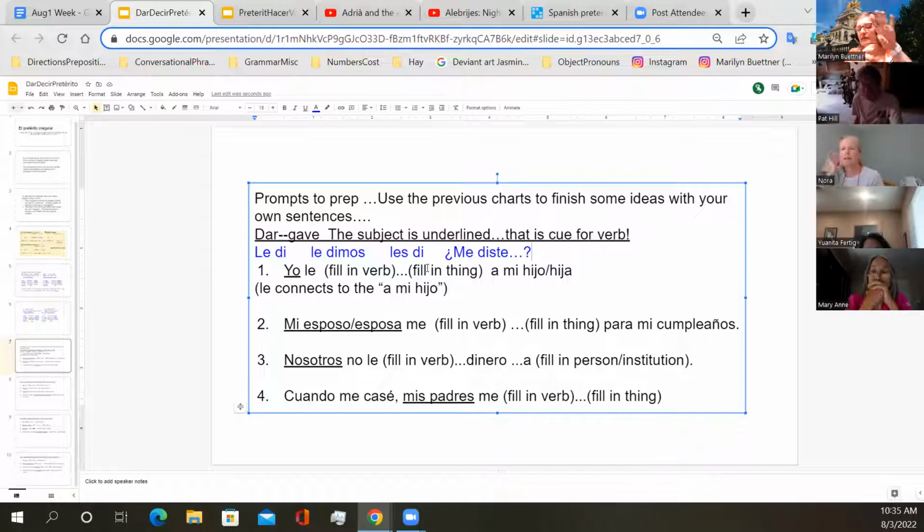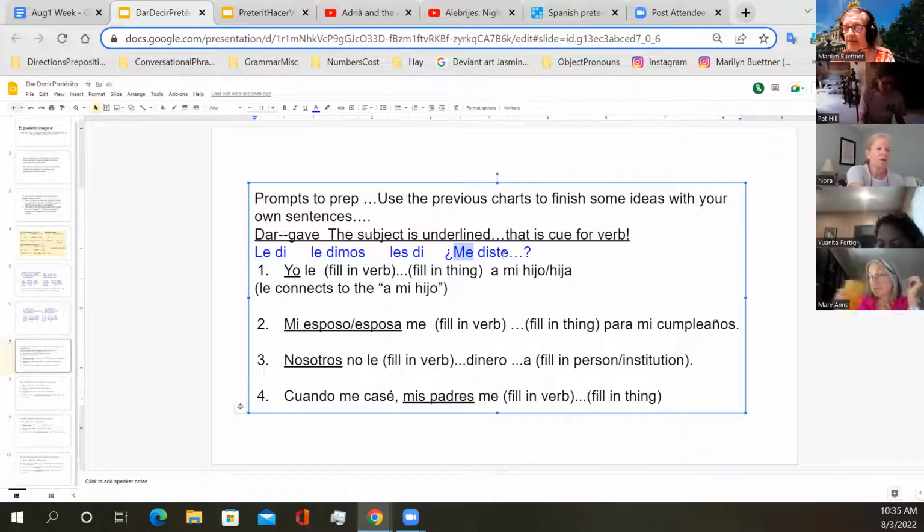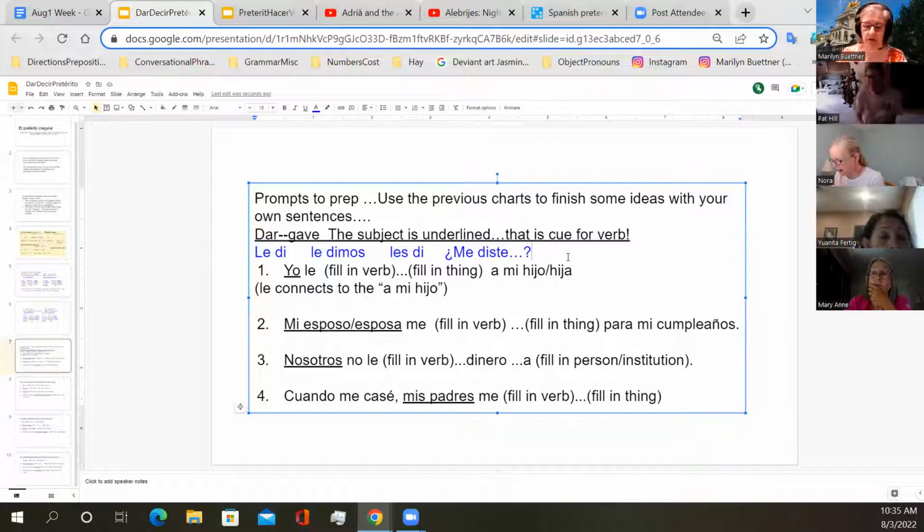We almost always have a pronoun in front of it that tells you who's receiving that action of dar. Who receives it comes in front of, in this case, diste, me diste. Hey, did you give me that? Les di, I gave them, right? Le dimos, we gave him or we gave her. Le di, I gave him or I gave her.